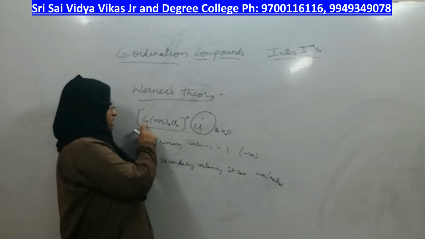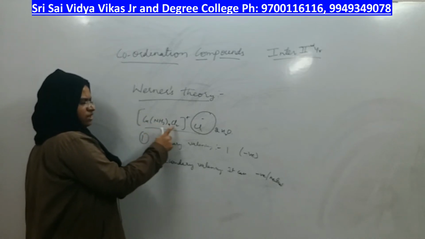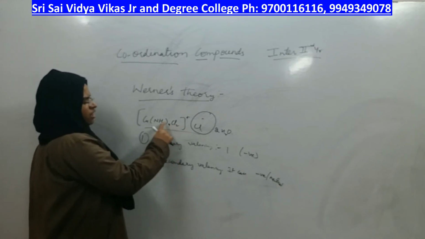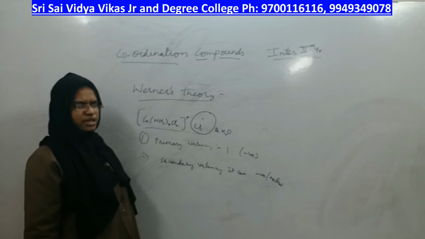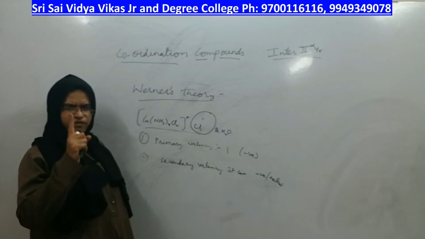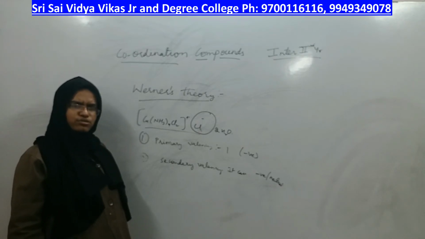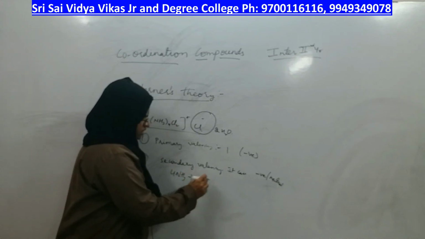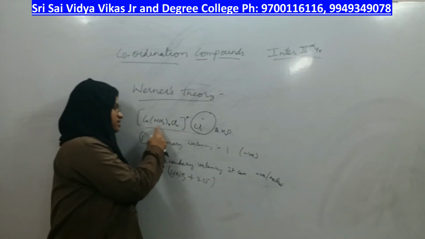In this case, who is the central metal ion? Copper is the central metal ion. Who is surrounding the central metal ion? 4 molecules of ammonia and 2 chlorine atoms are surrounding it. 2 chloride minus and 4 ammonia molecules, total 6 groups are surrounding the metal ion, right. 4 ammonias and 2 Cl minus are together surrounding the central metal ion in this example.